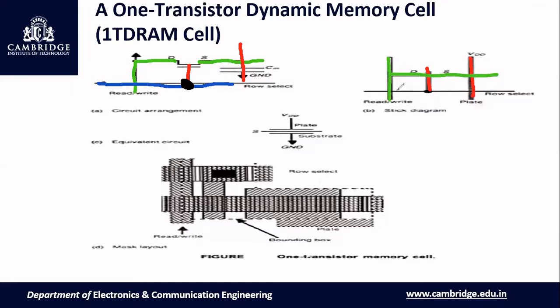For n plus diffusion we'll use green color, and for poly we'll use red color. And here, the gate of this NMOS transistor is connected to a row select control line.